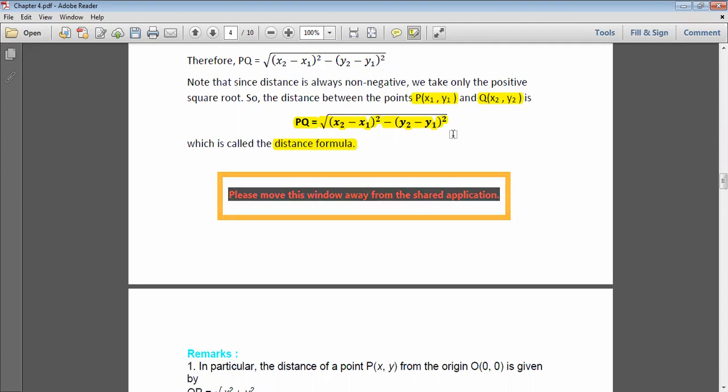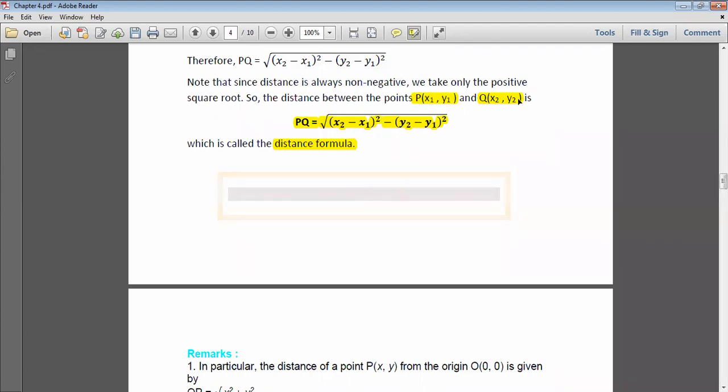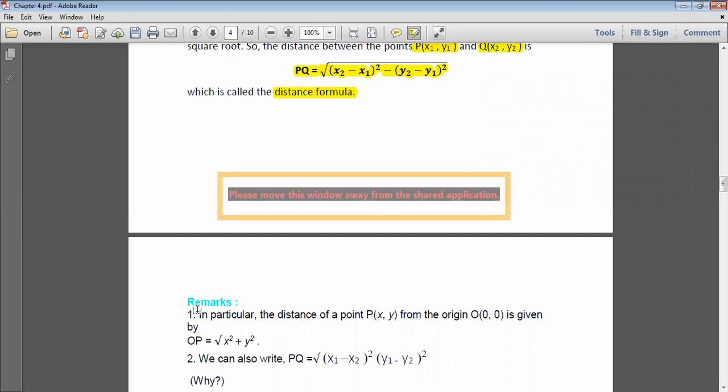So whatever be the case, one of these points, either P or Q, becomes 0.